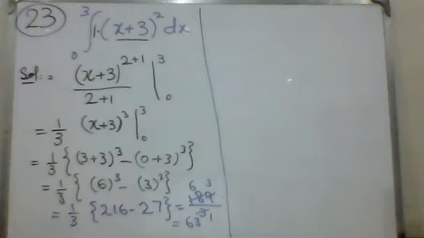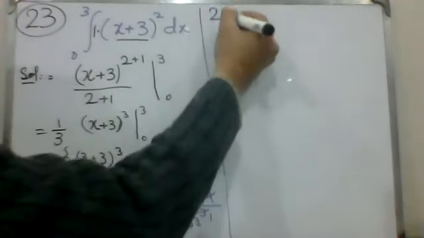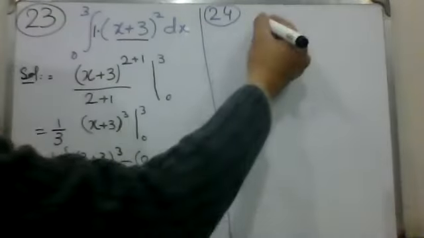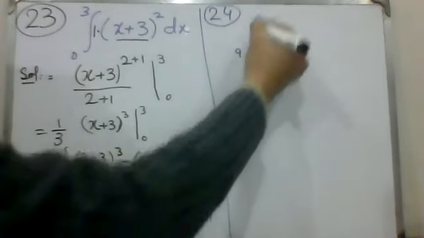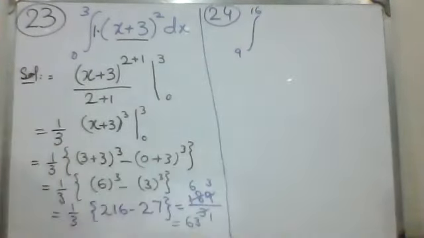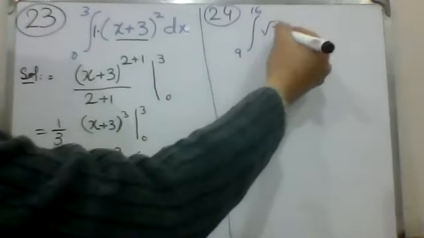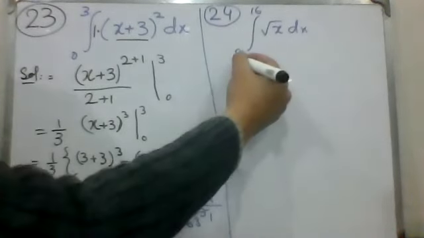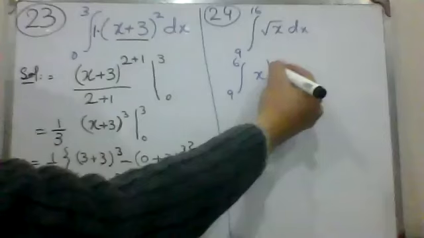So now question number 24. Question number 24 says the limit is 9 to 16 and the function is square root of x dx. Okay, simply first you write 9 to 16 x power 1 by 2 dx.